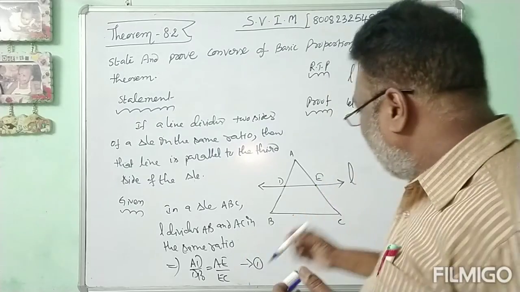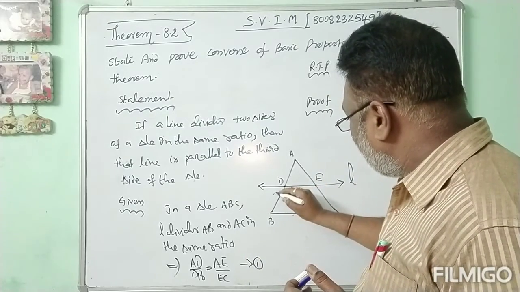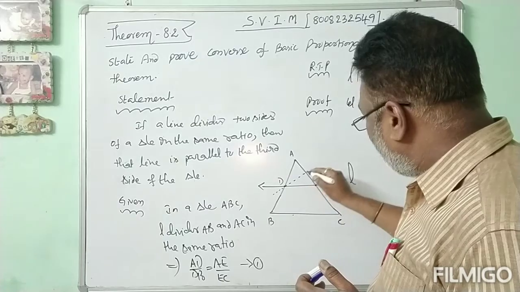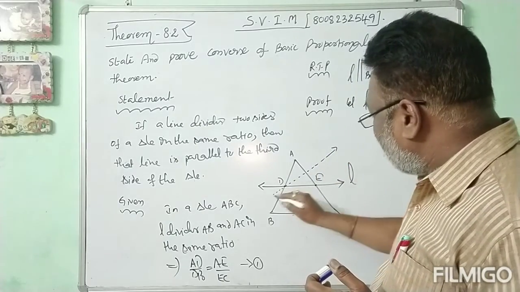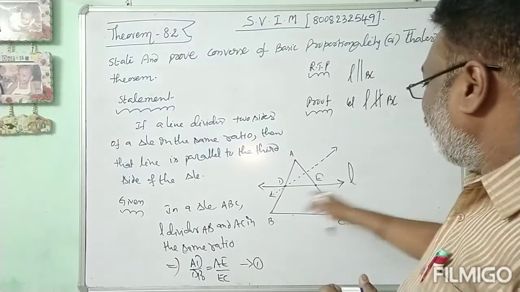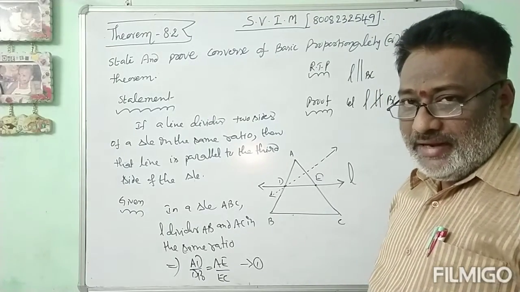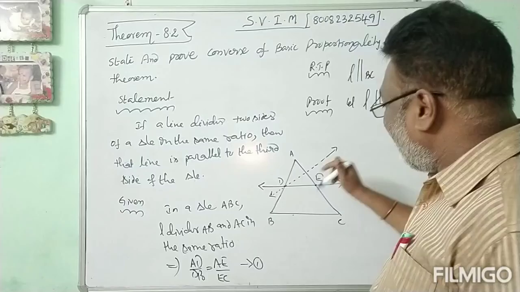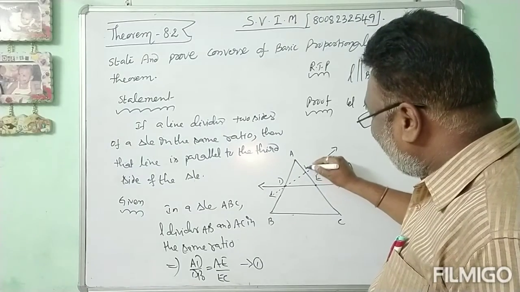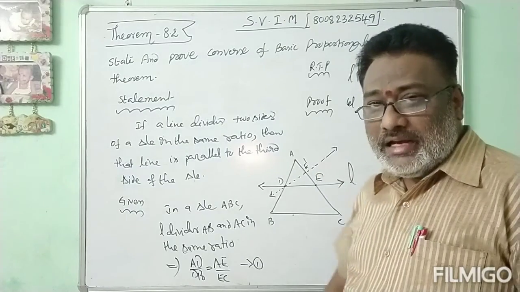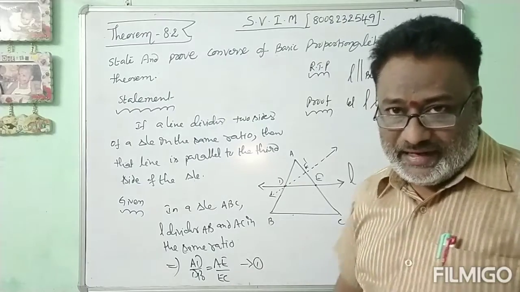What is that one? If L is not parallel to BC, then one more line should exist. That line we are taking as DE dash. That is parallel to BC. In that way we need to take.